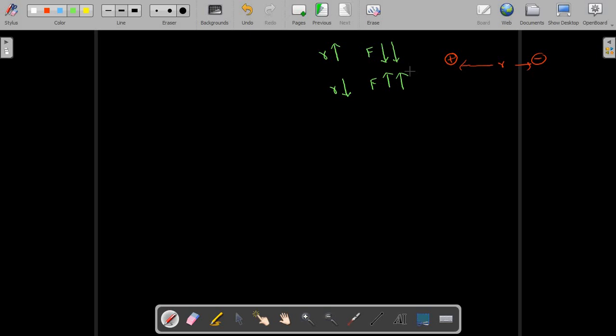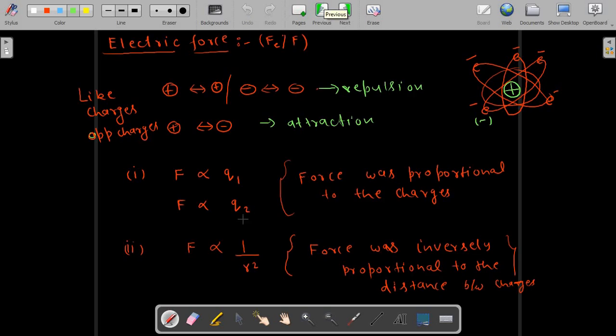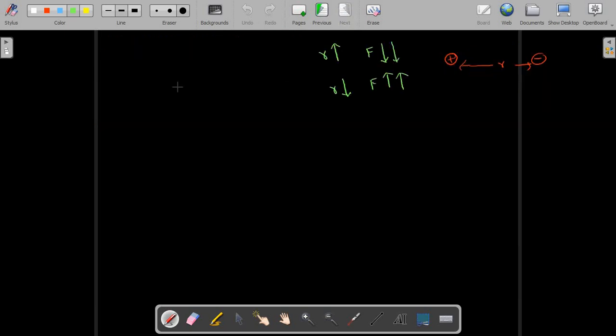This was observed, so that's why they concluded that it is inversely proportional to R square. So from the first two findings, can I write that F is proportional to Q1 Q2 over R square?